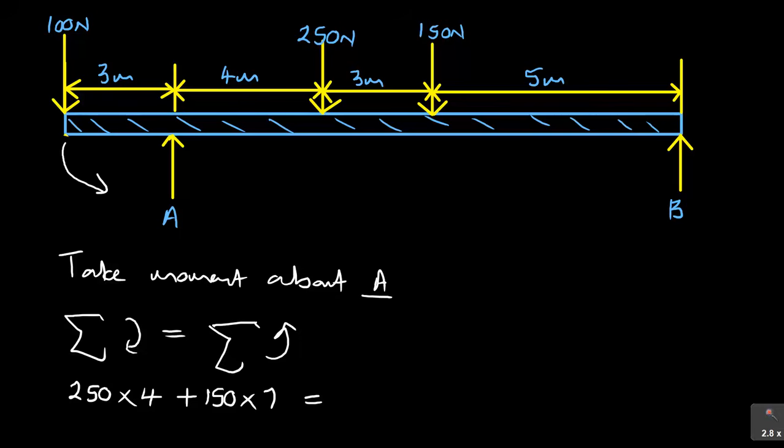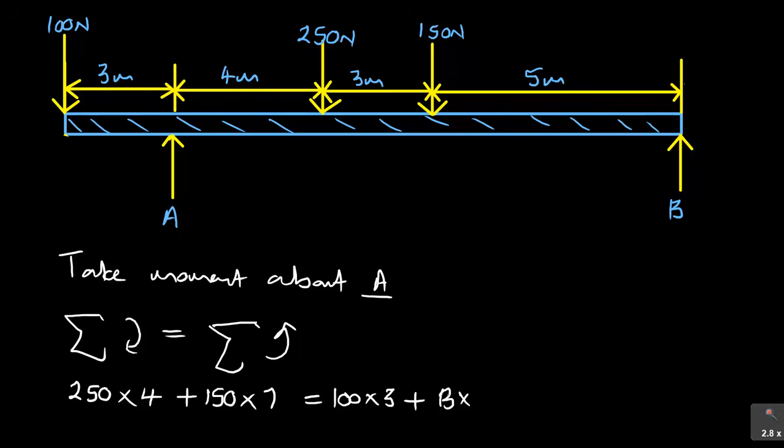About A, the 100 newtons, 3 meters away, produces an anti-clockwise movement, so it's 100 times 3, plus B. From A, B also produces an anti-clockwise movement, and B's distance from A is 5 plus 3, which is 8, plus 4, which is 12.